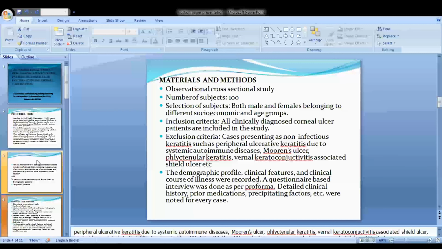Inclusion criteria: all clinically diagnosed corneal ulcer patients were included in the study, with exclusion criteria of cases presenting as non-infectious keratitis such as peripheral ulcerative keratitis due to systemic autoimmune diseases, Mooren's ulcer, phlyctenular keratitis, vernal keratoconjunctivitis associated shield ulcer, etc. The demographic profile, clinical features, and clinical course of illness were recorded. A questionnaire-based interview was done as per proforma. Detailed clinical history, prior medications, precipitating factors, etc. were noted for every case.